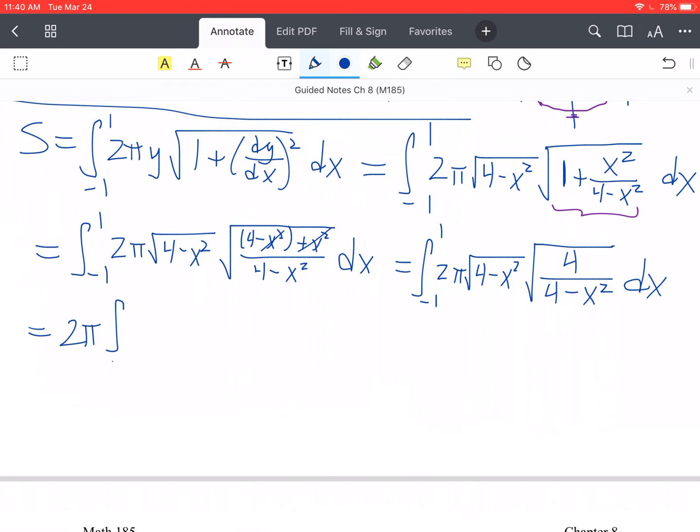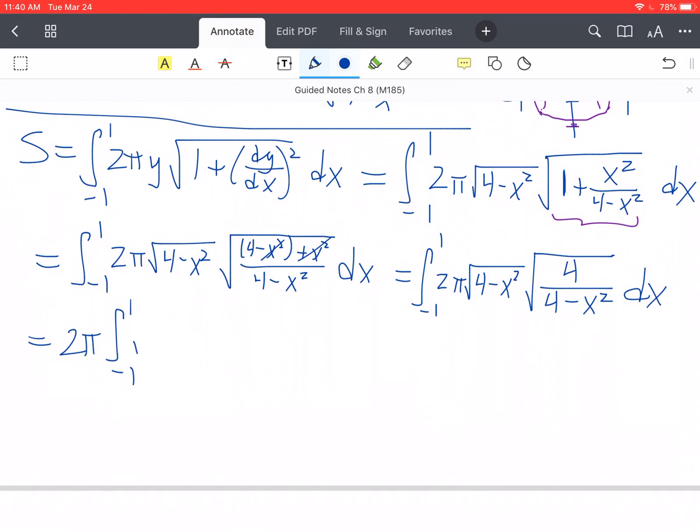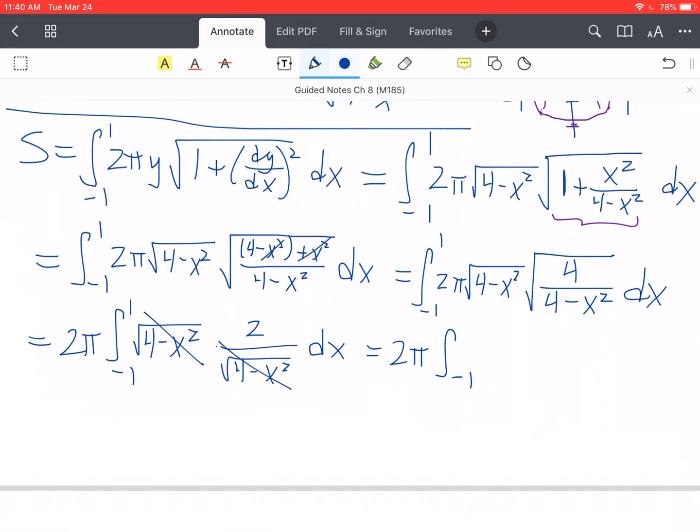If I get the 2 pi out front, -1 to 1, square root 4 minus x squared, split up this square root, so square root of 4 is 2, over square root of 4 minus x squared dx, and then we get some great cancellation there. So all we have left is 2 pi times the integral from -1 to 1 of 2 dx.